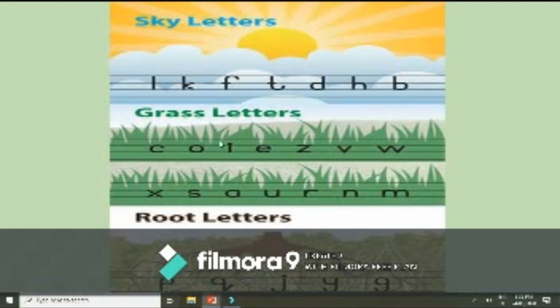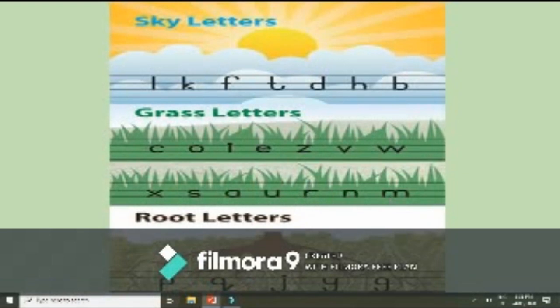There are 14 grass letters, as you can see. 1, 2, 3, 4, 5, 6, 7, 8, 9, 10, 11, 12, 13, 14.